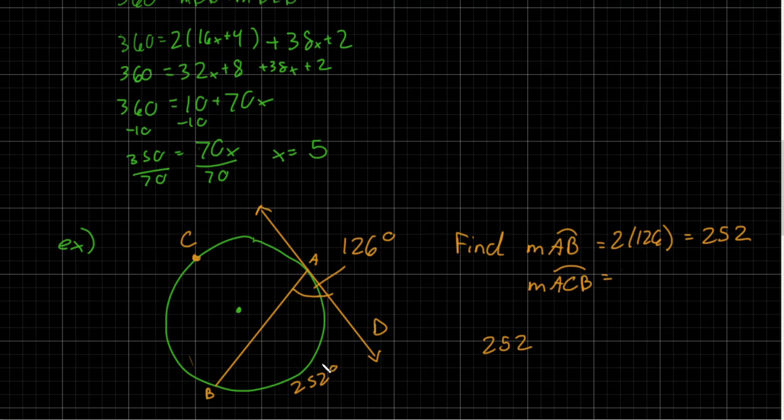Yep. Okay, if I already have one and I want to find the other, what do I have to do? Subtract it by 360. Yep, to get the other half of it. So when I subtract these two, what number do I get? 108. Perfect.